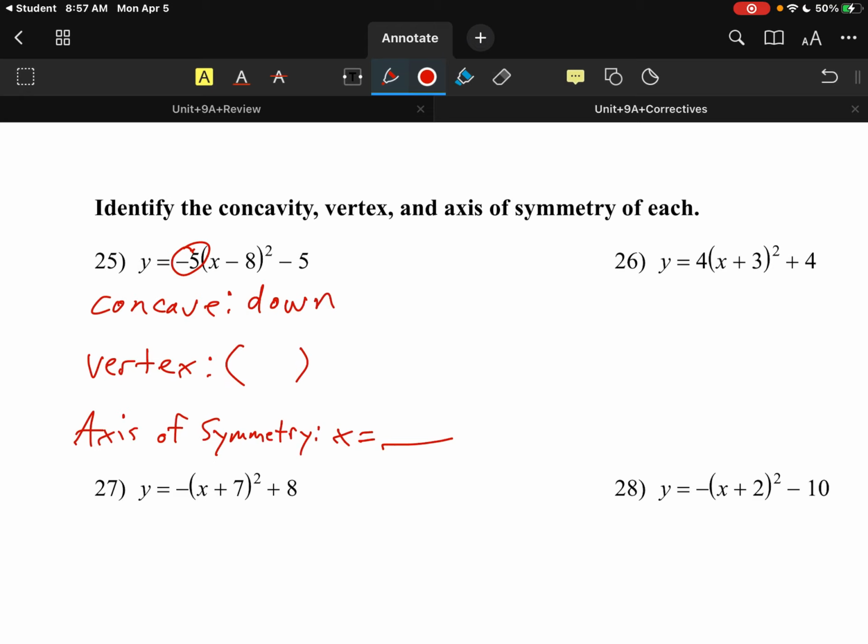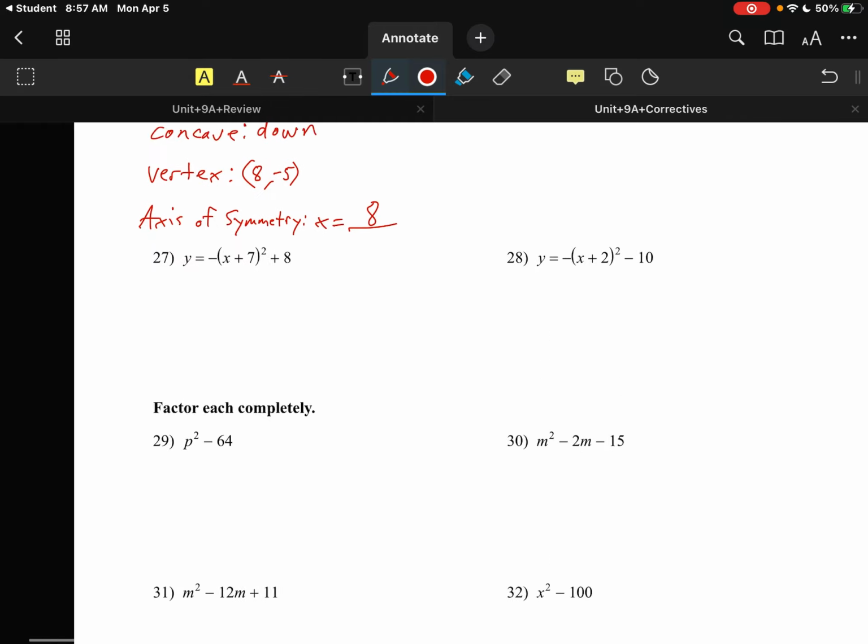And 3 downs in a row, because they're all negative, okay? And then this is h and k, which is our vertex. H you just have to do the opposite of. So negative 8 becomes 8, and k is negative 5. And then the axis of symmetry, the x is whatever the h is. So it's 8. So then you're done.